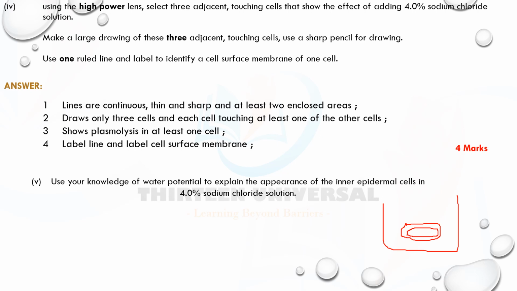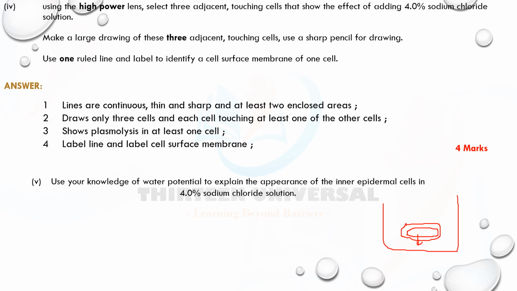Why does it become plasmolyzed? Because water leaves the cell and moves into the solution. Why? Because the cell has a higher water potential compared to the solution.